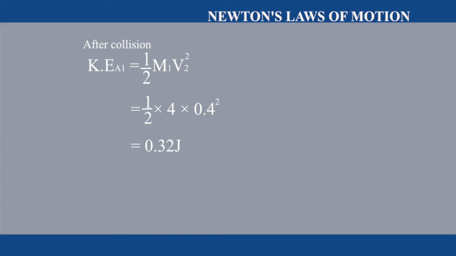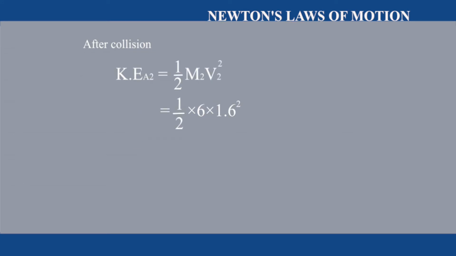After collision, for the 4 kilogram object, we have kinetic energy equals half times 4 times 0.4 squared, which is 0.32 joules. And for the 6 kilogram object, we have kinetic energy equals half times 6 times 1.6 squared, which gives us 7.68 joules.